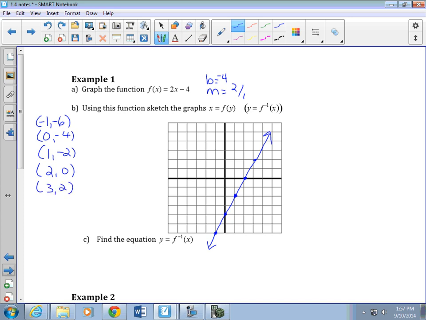So the inverse, if I do that in red, means I should just interchange my values. So the inverse graph will be (-6, -1), (-4, 0), (-2, 1), (0, 2), and (2, 3).